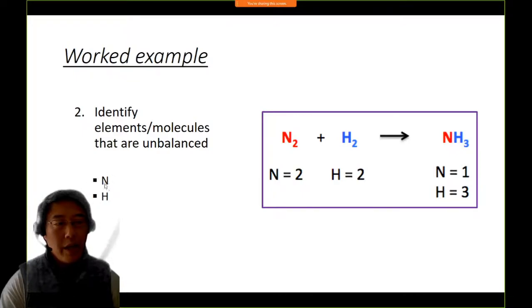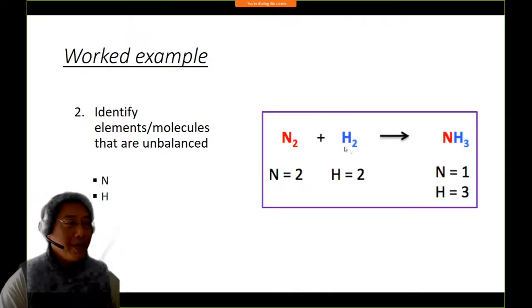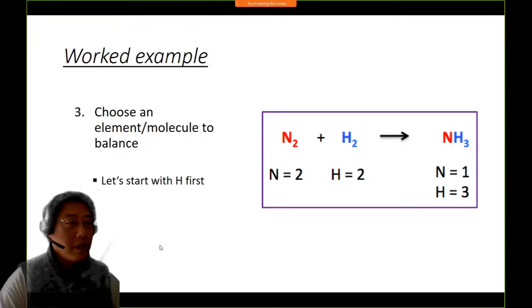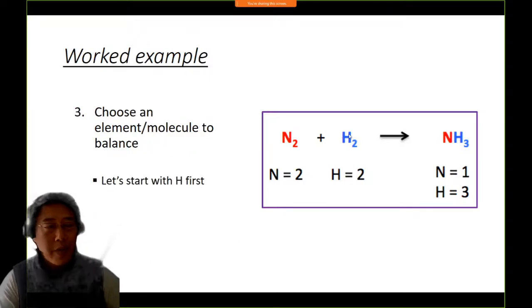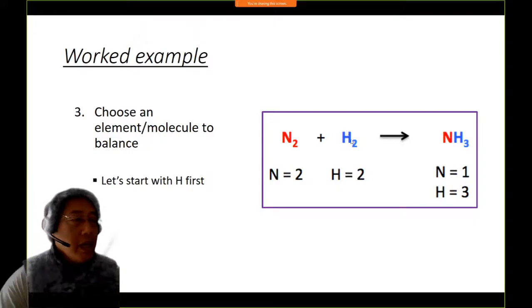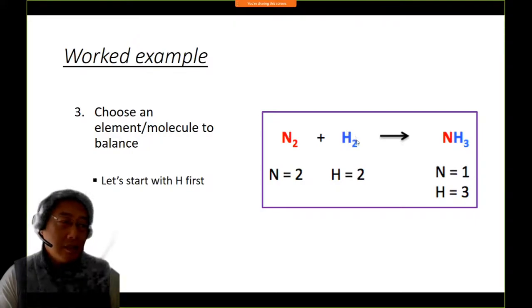So you have your N and H, and you need to pick one of them to balance. Now it doesn't matter which one you pick. As I said, I would go from left to right, which is N, but in this situation I will pick H. Okay, so H, you have 2 on the left and 3 on the right.